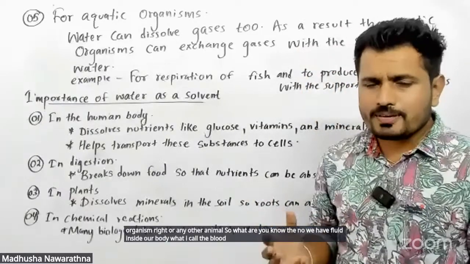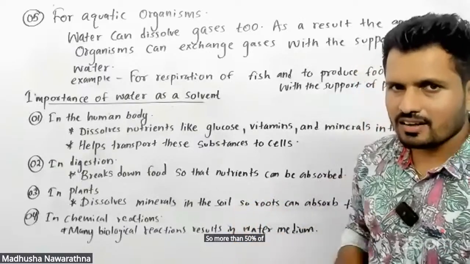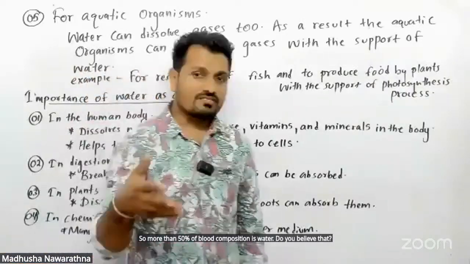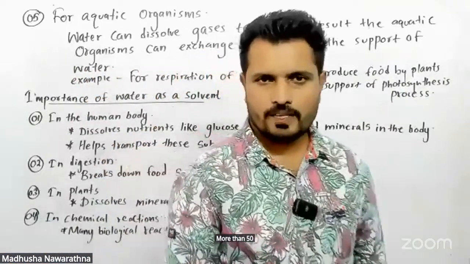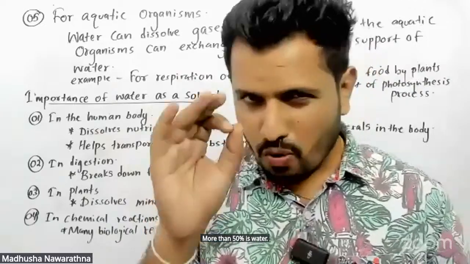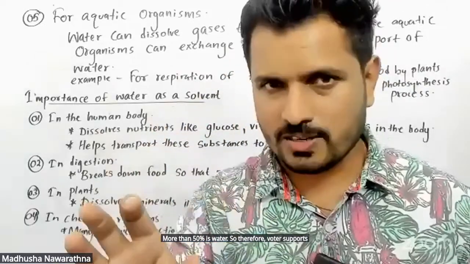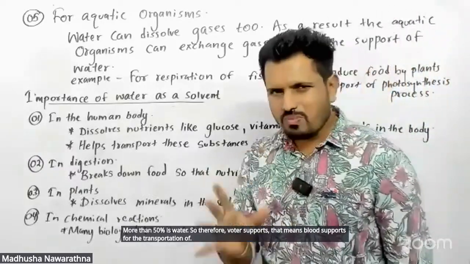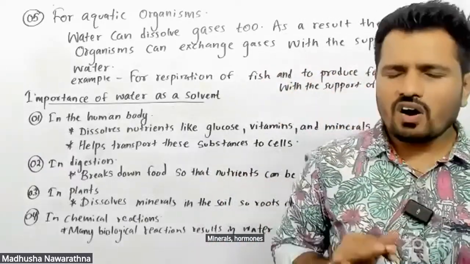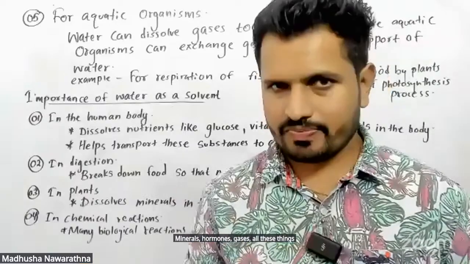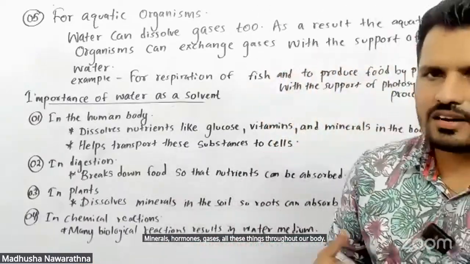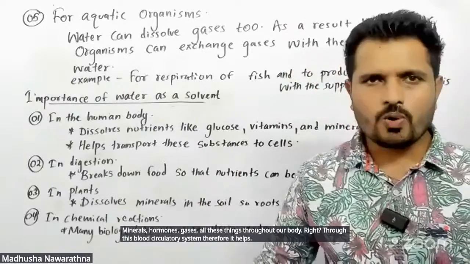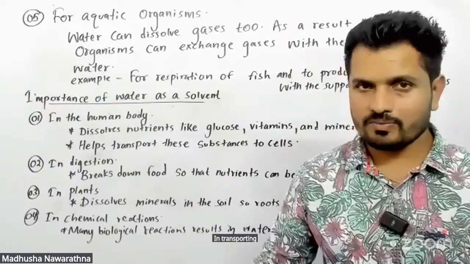More than 50% of blood composition is water. You believe that? So water supports the transportation of minerals, hormones, and gases throughout our body through the blood circulatory system. Therefore, it helps in transporting materials in our body.